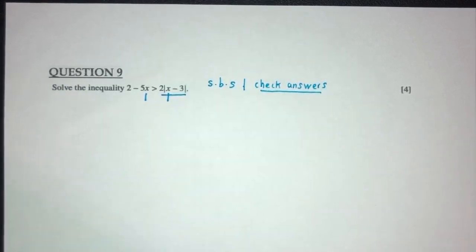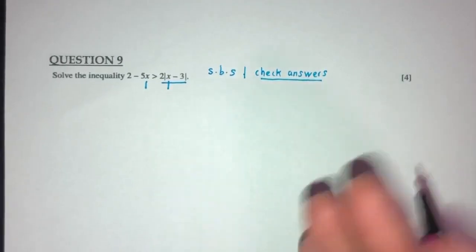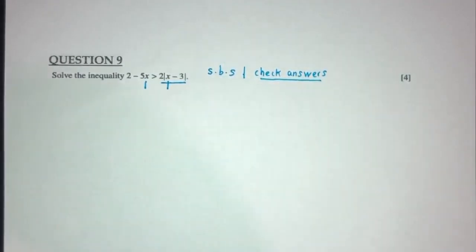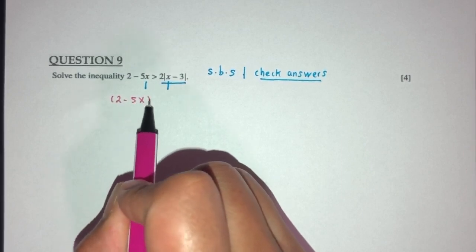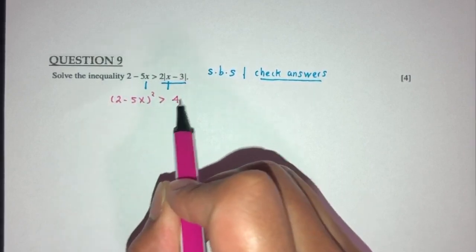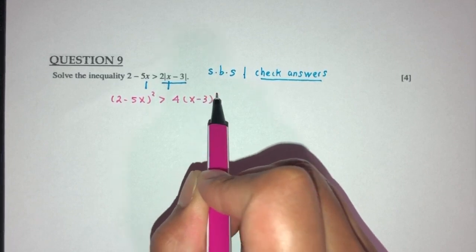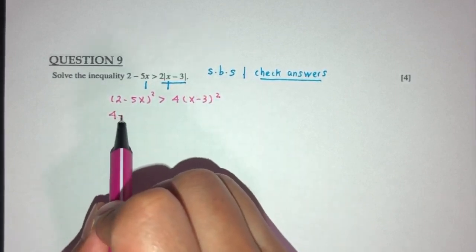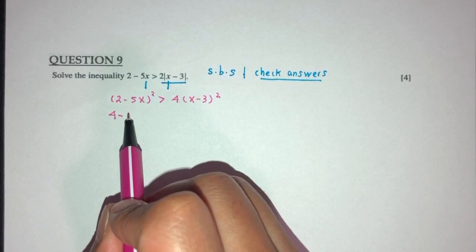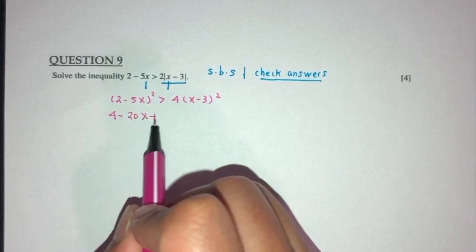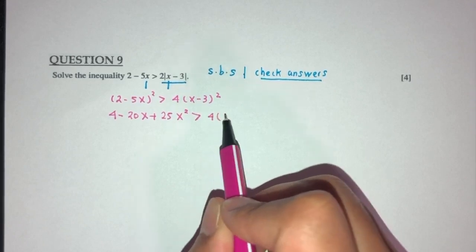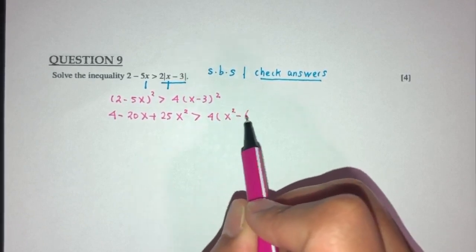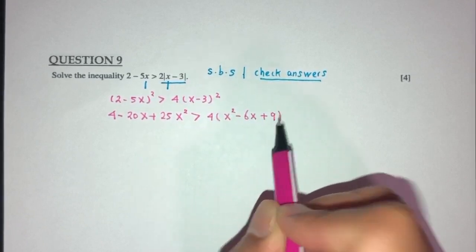Okay, so let's proceed. First thing first, same principle, let's square both sides. You will have (2 minus 5x) squared is more than (4x minus 3) squared. That will become 4 minus 2 times 2 times 5, which is minus 20x, plus 25x squared, is more than 4 times x squared minus 6x plus 9.